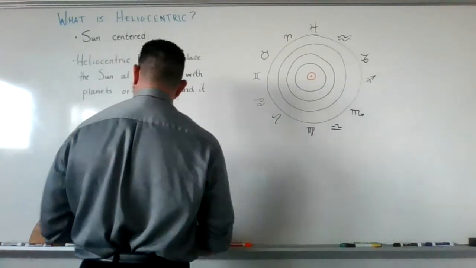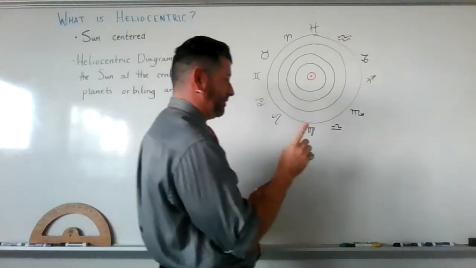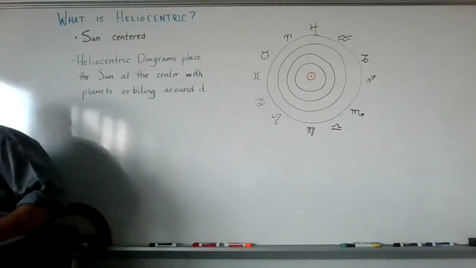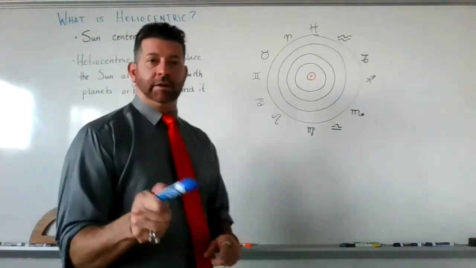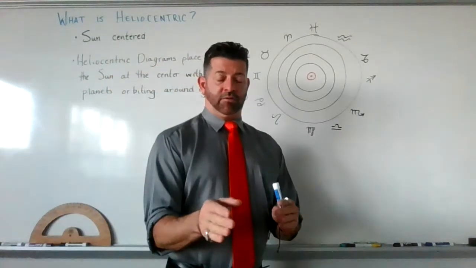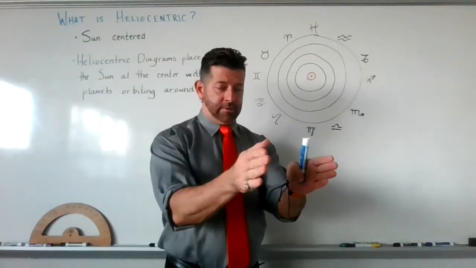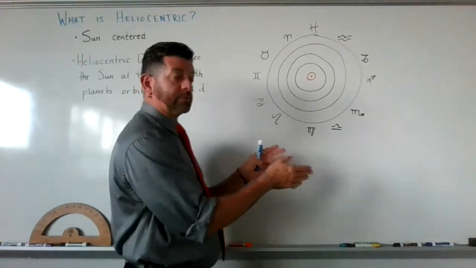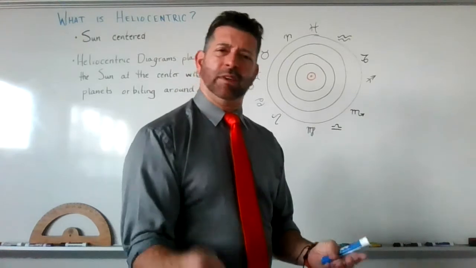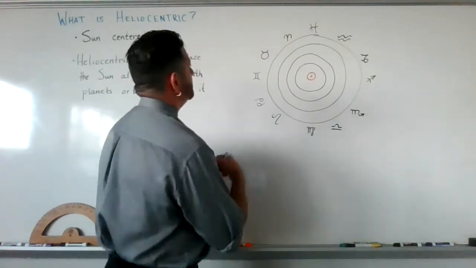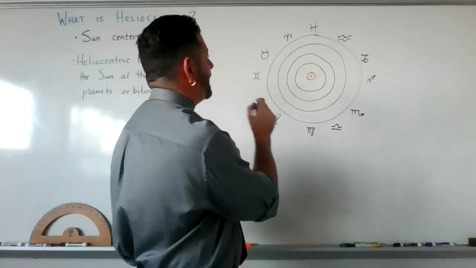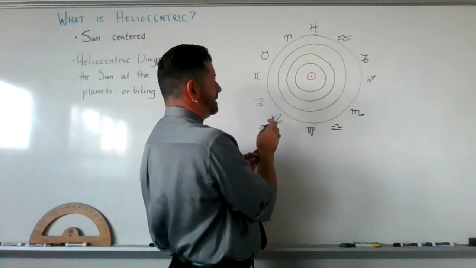So here's the thing. I need a blue marker for the Earth. If the sun is going to appear from Earth's perspective as though it's in front of one of these 12 zodiacal signs, then the Earth has to be opposite that sign.